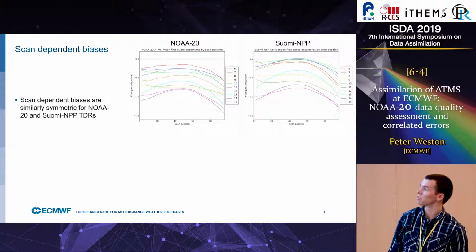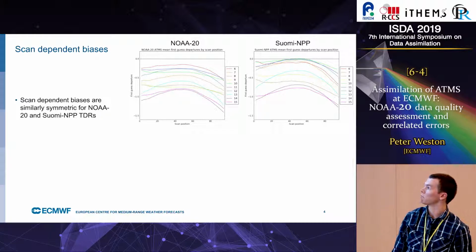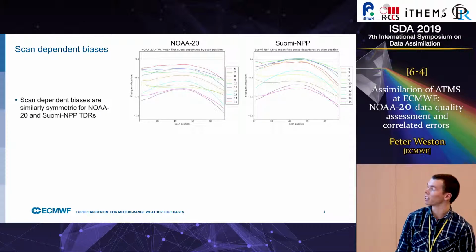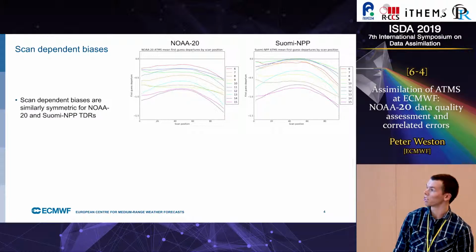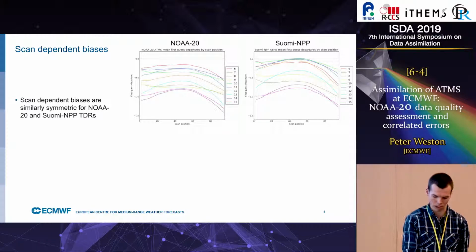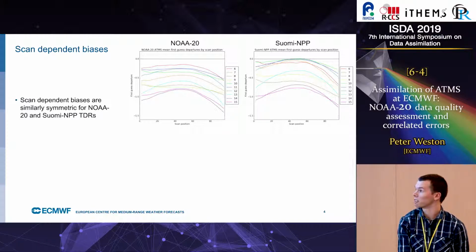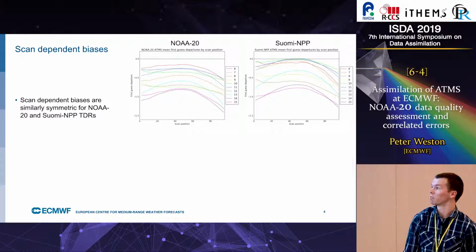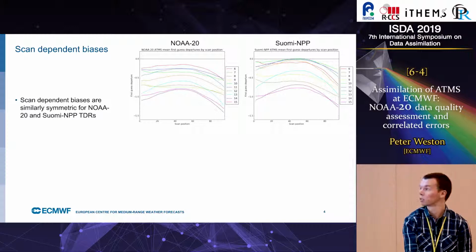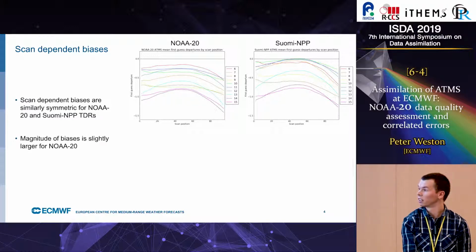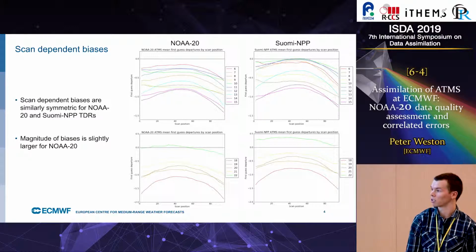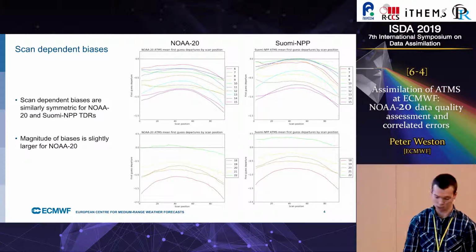On the left here is NOAA-20, on the right is Suomi-NPP, and we can see that again the biases are slightly larger, slightly further away from zero for NOAA-20, but in terms of the structure of the biases they look quite similar. They're similarly symmetric and a similar shape, and our bias correction is a third order polynomial, so it can deal with this quite nicely. The top is for the temperature sounding channels, and these are for the humidity sounding channels. So again, the story is quite similar.